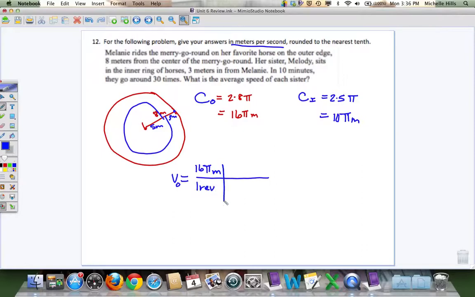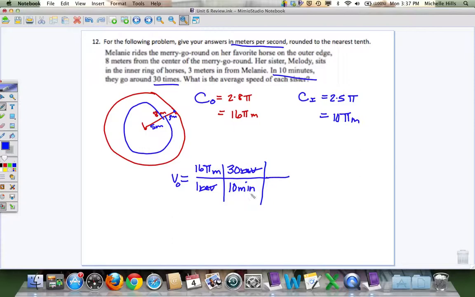That's what I'm starting with. Now, what I also know is in 10 minutes, they go around 30 times. Well, going around is a revolution, so there are 30 revolutions in every 10 minutes. And the reason I put these here is because now revolutions here will cancel with revolutions up there. One has to be in the top and one in the bottom.